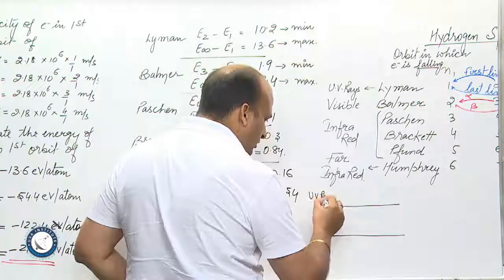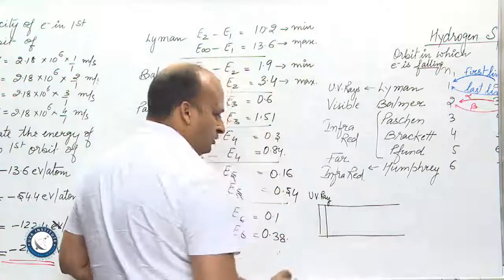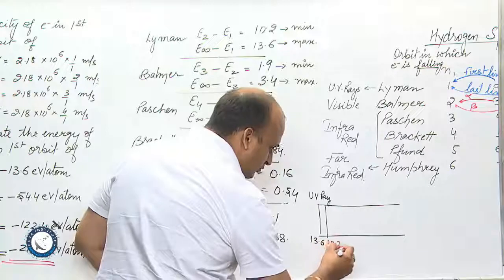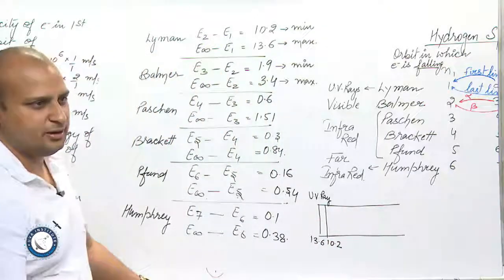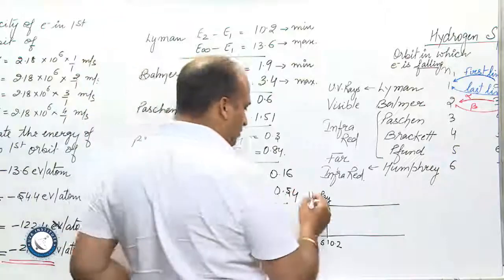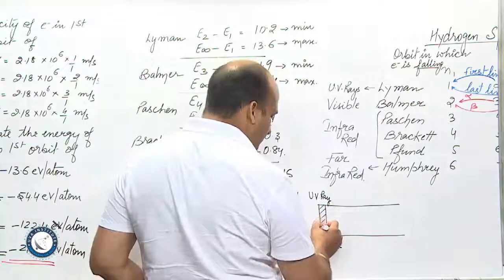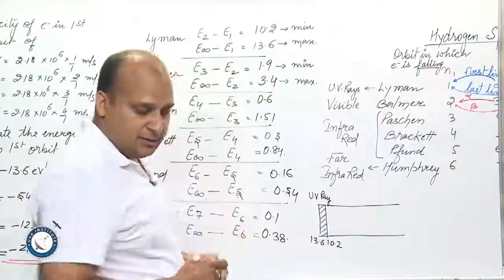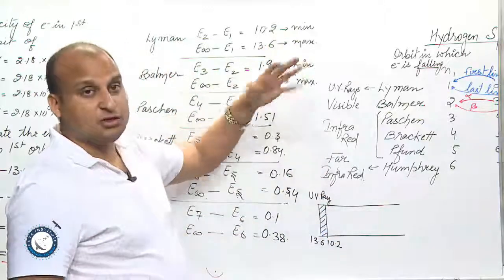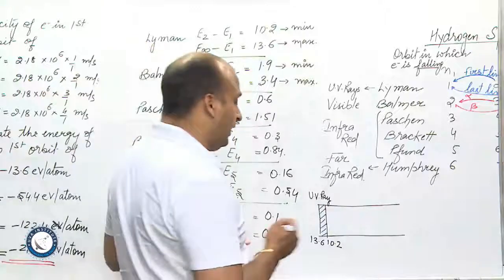This is between 13.6 and 10.2. Suppose this is the UV ray. Then there will be a huge gap, because from 10.2 to 3.4 there is nothing, no line, no radiations.